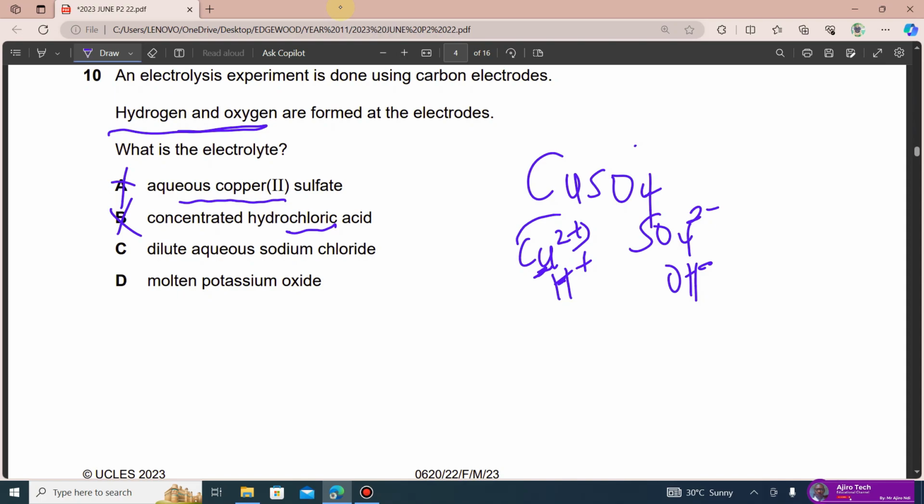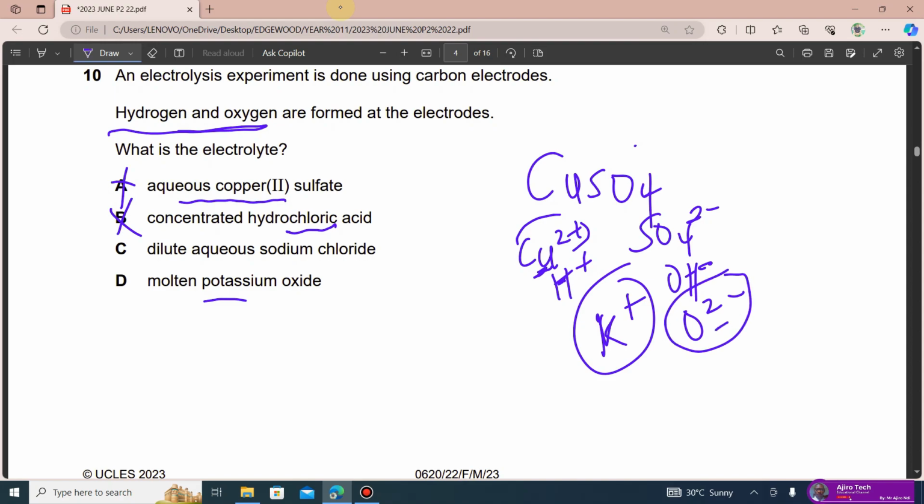Now we talk about molten potassium oxide. For molten potassium oxide, we're looking at just K+ and O2-. So it has nothing to do with hydrogen, except for oxygen. Molten means it has been heated, but it doesn't contain water. So the most suitable answer is dilute aqueous sodium chloride.